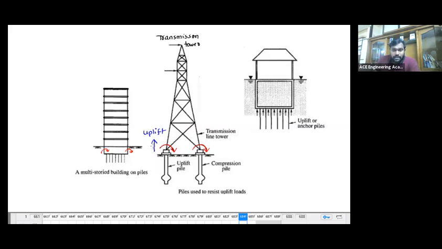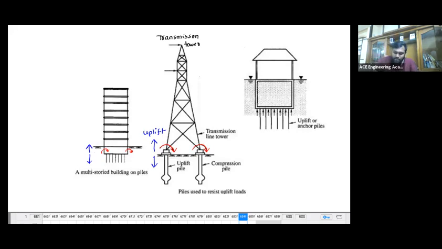And once the uplift is happening, this pile will try to resist the uplift. Once the structure is about to overturn, it overturns by lifting up, and the pile will hold it down, meaning whatever pile I construct should resist the uplift.